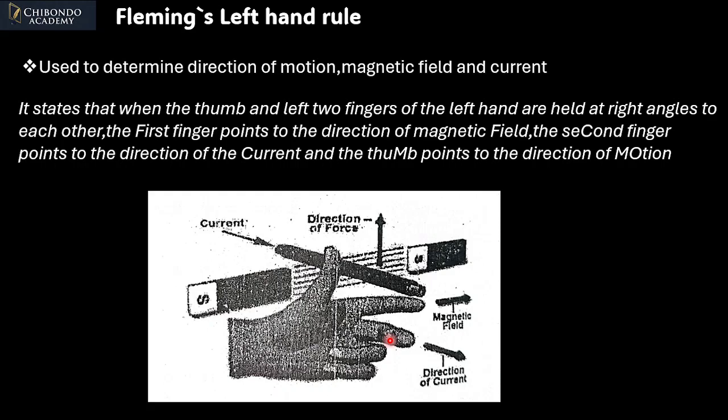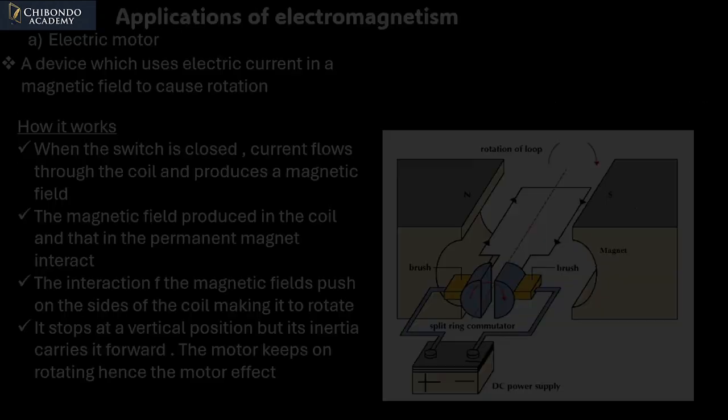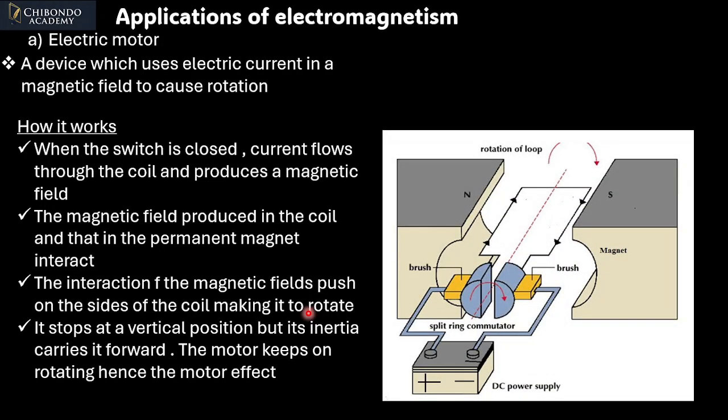So place your fingers as this image is showing. Make sure the second finger points in the direction of current. When you lock that finger in the direction of current, the other finger will point in the direction of the magnetic field, and the thumb will point in the direction of the force produced on the conductor.